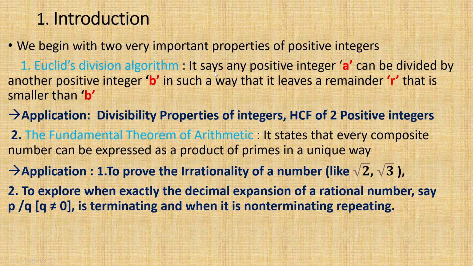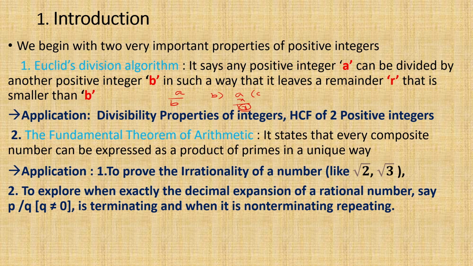Understood? Once again, it says that any positive integer a can be divided by another positive number b, that is a by b, in such a way that it leaves a remainder r. That means if we divide a by b, we get some quotient, say c, and it leaves a remainder r, which is smaller than b.